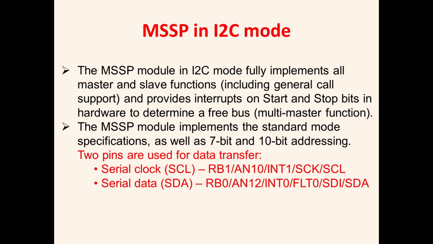This acknowledgement concept is missing in SPI, whereas for I2C it is very well sustained in the case of communication between master and multiple slaves. So I2C is more preferred over SPI because of this communication and the multiple slave configuration connected to your master.